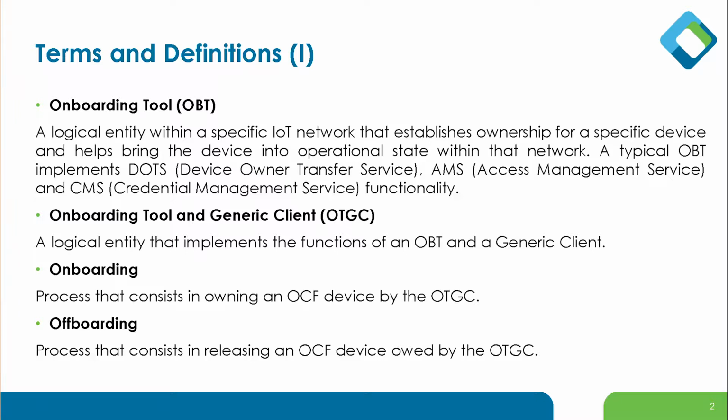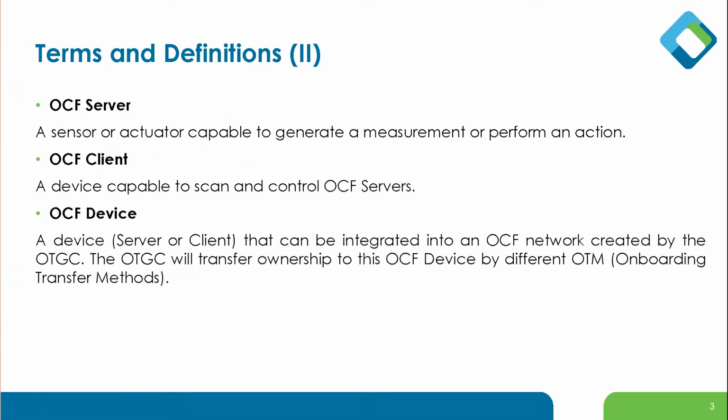A typical OBT implements different mechanisms: device owner transfer service, access management service, credential management service. So all of them are integrated into what we call an OBT. An OCF server is a kind of sensor or actuator capable to generate measurements or perform different actions.